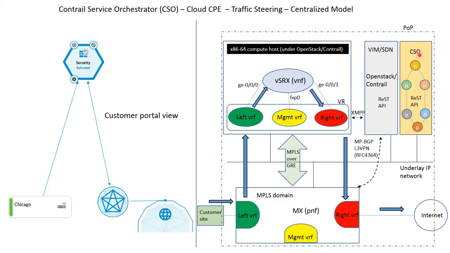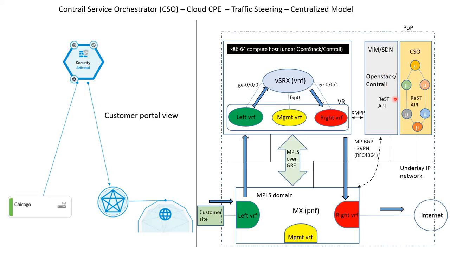So CSO is a typical full-blown web application that has its front end and back end. It is comprised of several microservices. All these microservices communicate through REST APIs. Also, it communicates with the Virtual Infrastructure Manager and SDN through REST APIs.